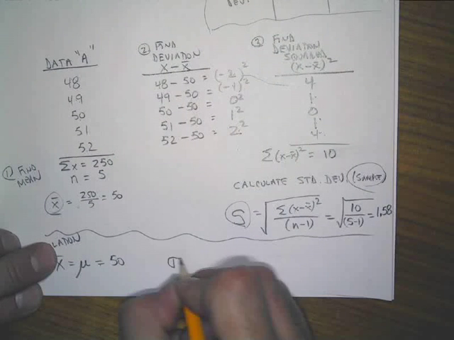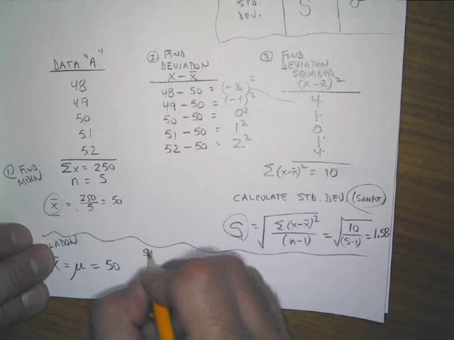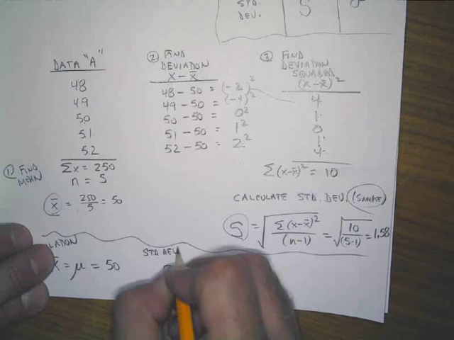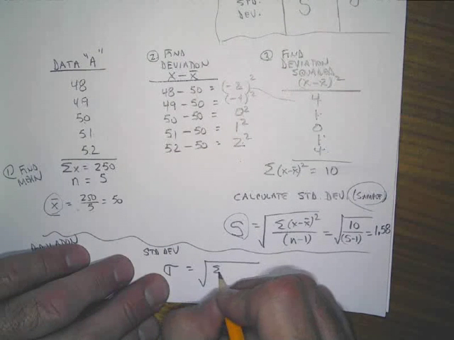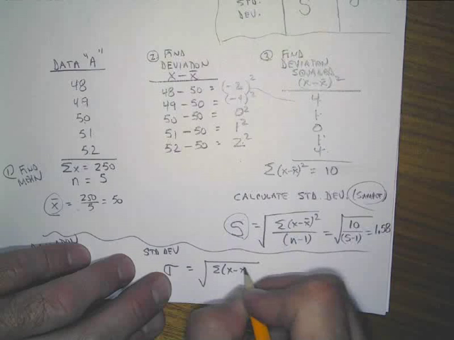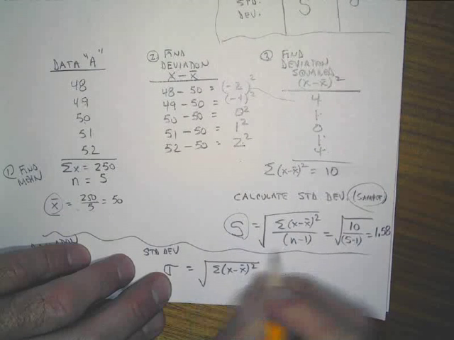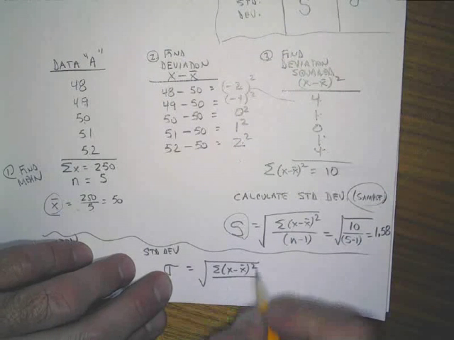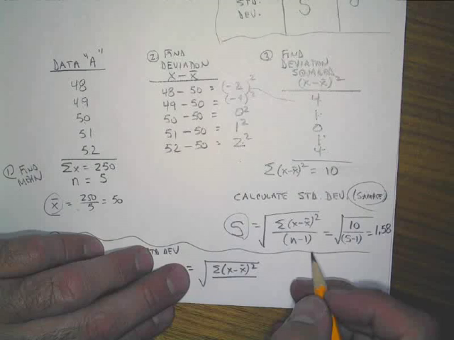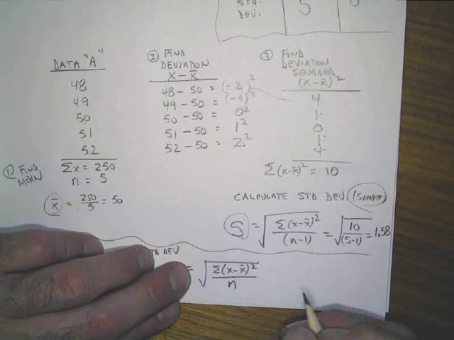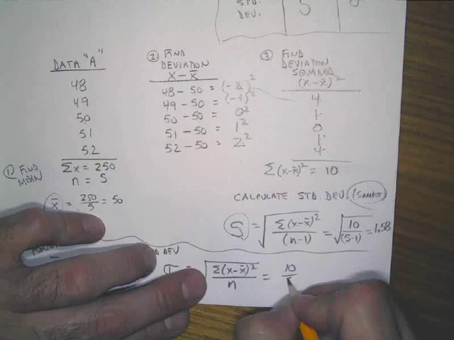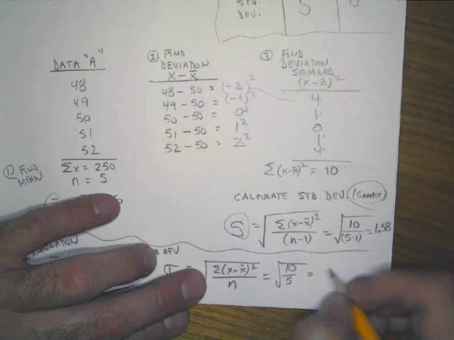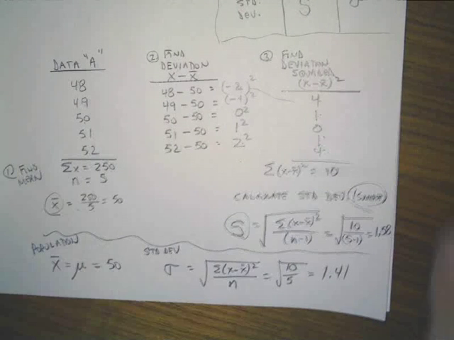The standard deviation, however, is just a tad different. It's still the square root of the sum of the deviation squared, but instead of dividing by n minus 1, we divide by n. So in this case, it would be 10 divided by 5 square root, and it comes out 1.41.